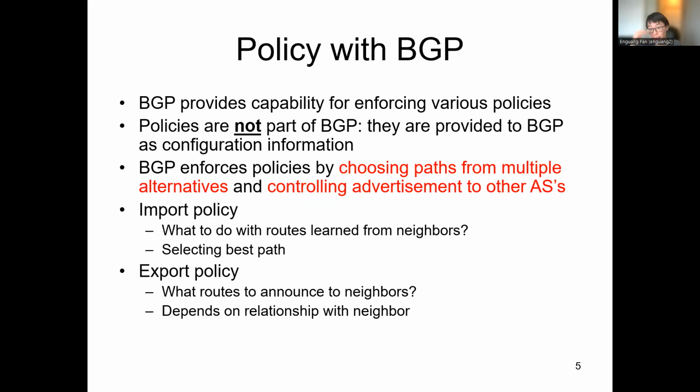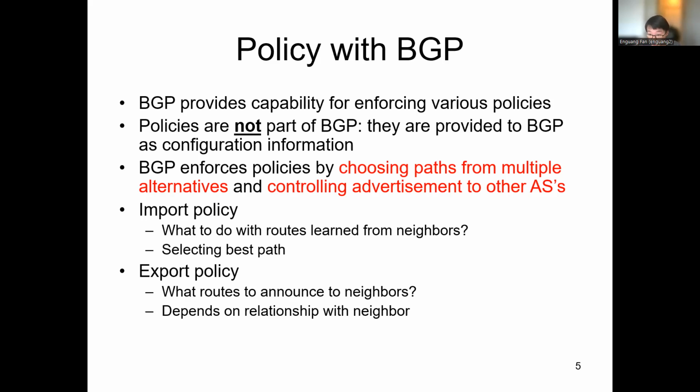And then let's talk about the policy with BGP. There are basically 2 types of policies, the import policy and the export policy. The import policy will decide what to do with the routes learned from the neighbors.